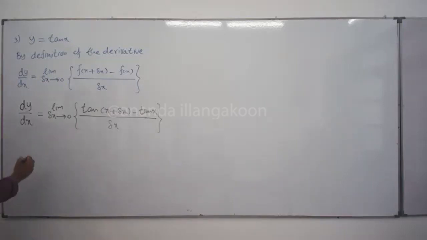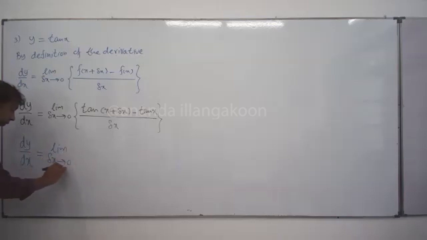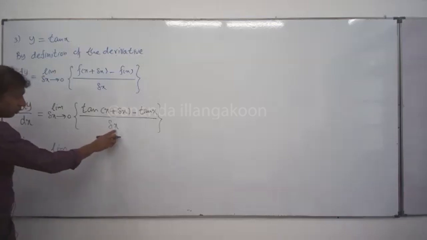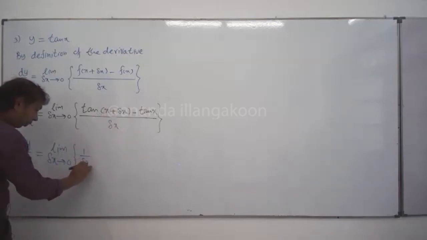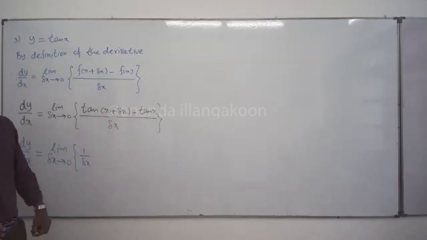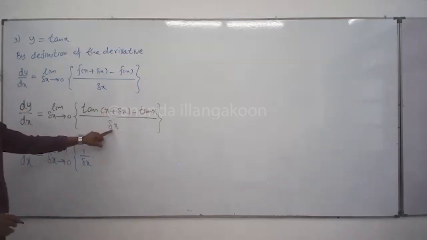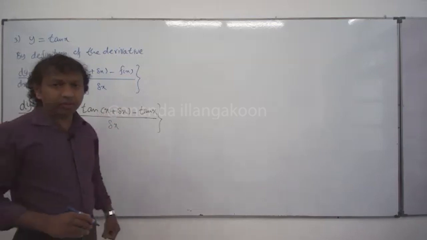Now, what do we do next? Dy by dx equals limit delta x going to 0. People, this is divided by delta x, I can write 1 upon delta x. Dividing by delta x means really multiplying by 1 upon delta x.